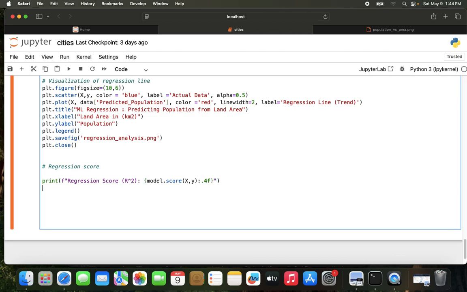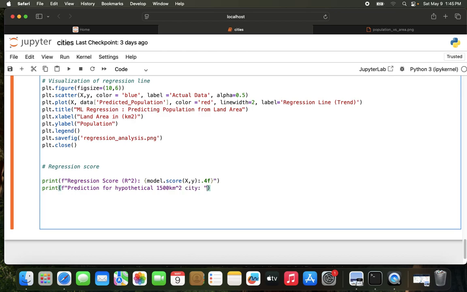Okay, and then we want to print our predicted value, so that's going to be an f-string again. It's going to be prediction for hypothetical 1,500 kilometer squared city.